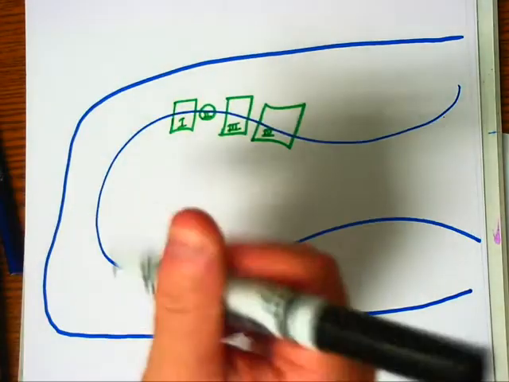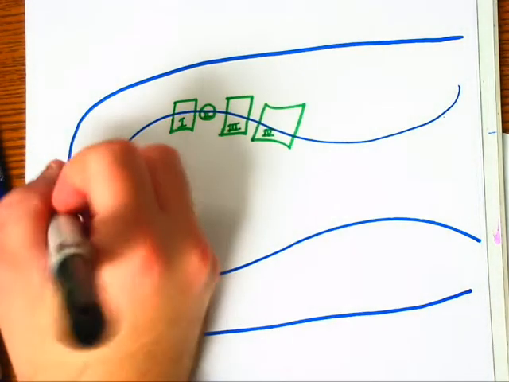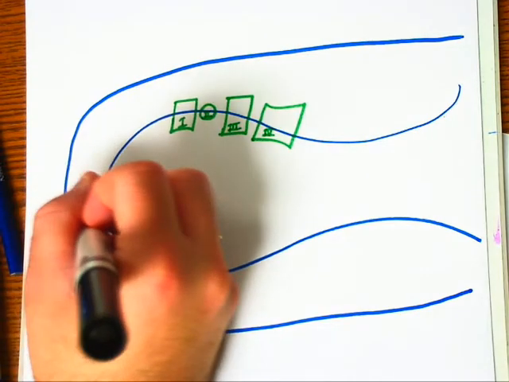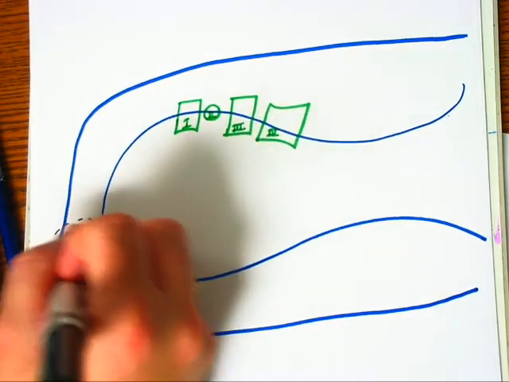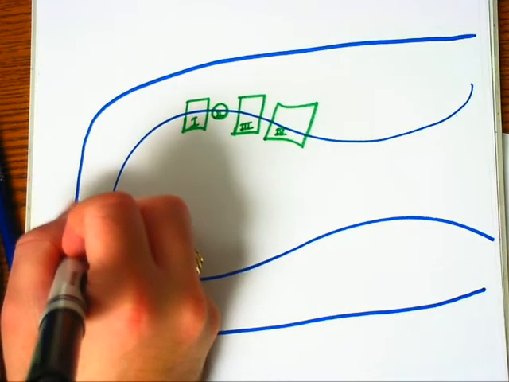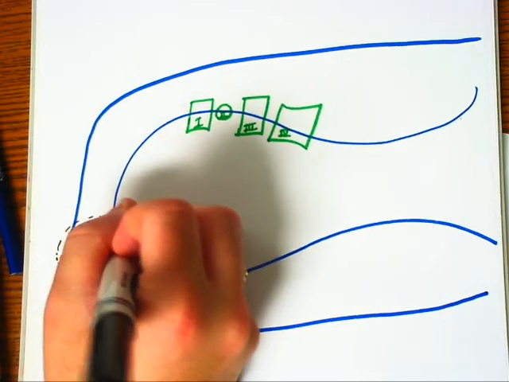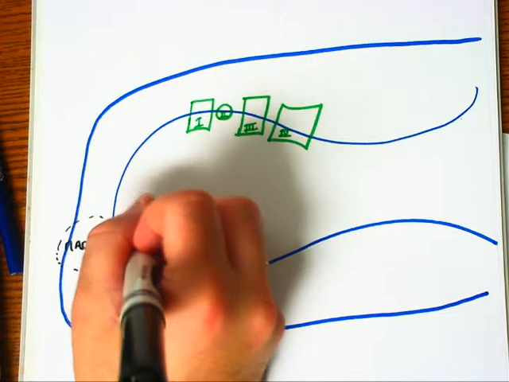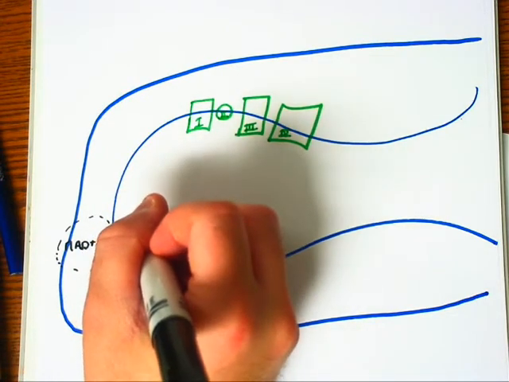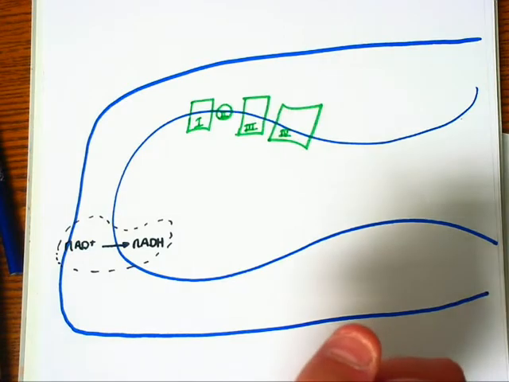Now, if you recall, along the way we had been taking NAD pluses and making them into NADHs. And we did it so that we ended up having 10 of the NADHs and 2 of the FADH2s.